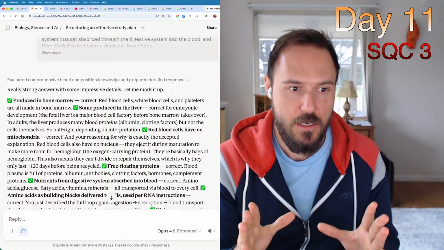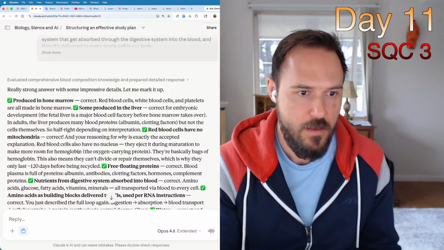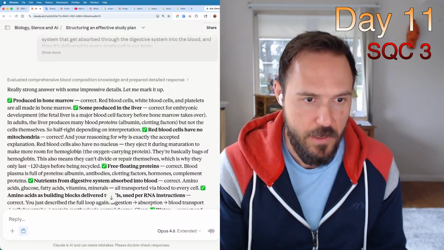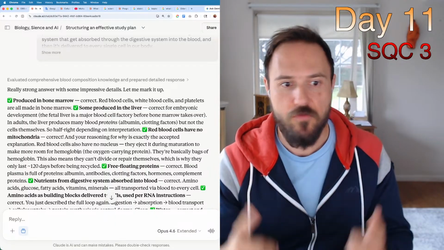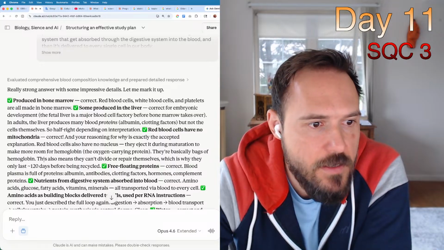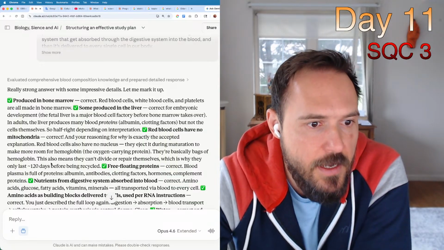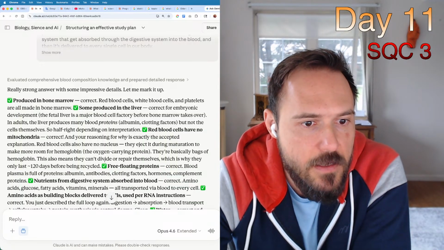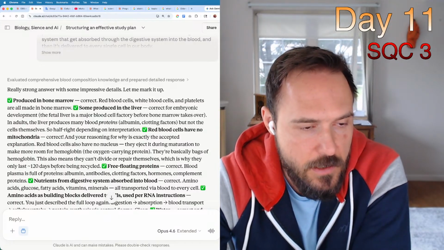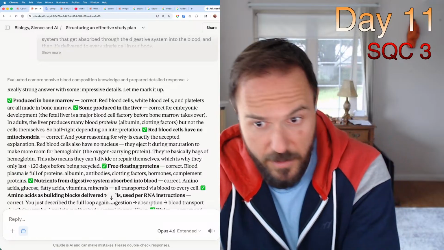Load as much oxygen or hemoglobin as possible and run with that. They're basically bags of hemoglobin. This also means they can't divide or repair themselves, which is why they only last 120 days before being recycled.